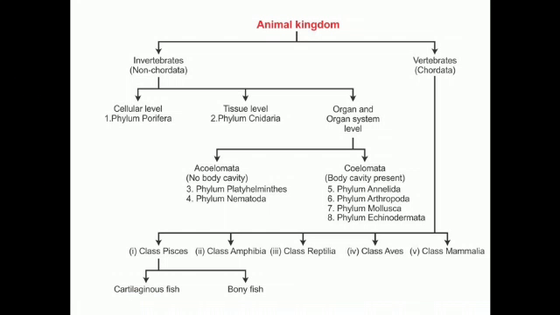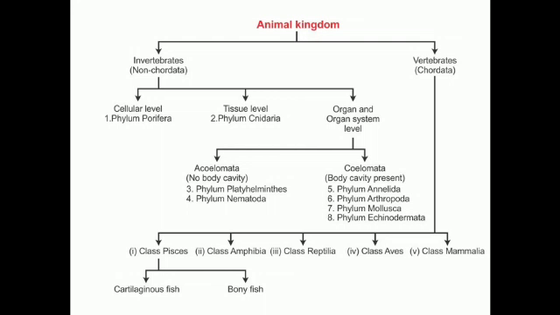Now students, as we are moving towards the more complicated organisms, because we started from the lower or simple animals, and now we are moving towards complicated animals. As we are talking about the eumetazoans and their classification, these are more complicated organisms as compared to the parazoans, and now we will move towards the triploblastic animals, which are more complicated as compared to the diploblastic animals.